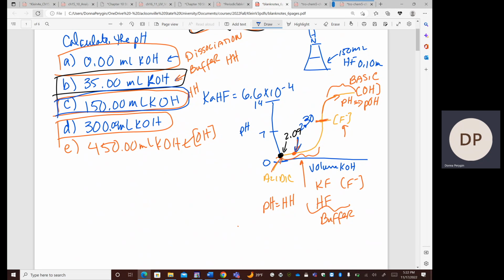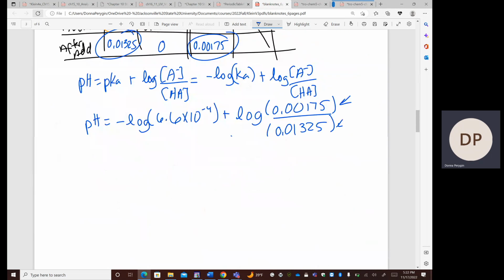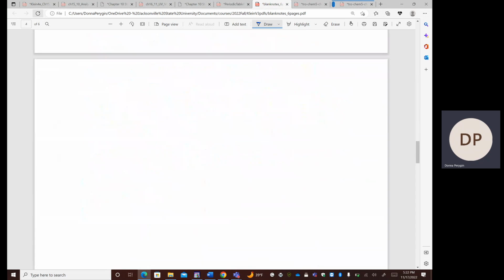So after 150 milliliters KOH, let's go ahead and calculate our pH, okay? So initially we calculated earlier that we started with 0.015 moles of HF, okay? So we had 75, 50 milliliters of KOH.